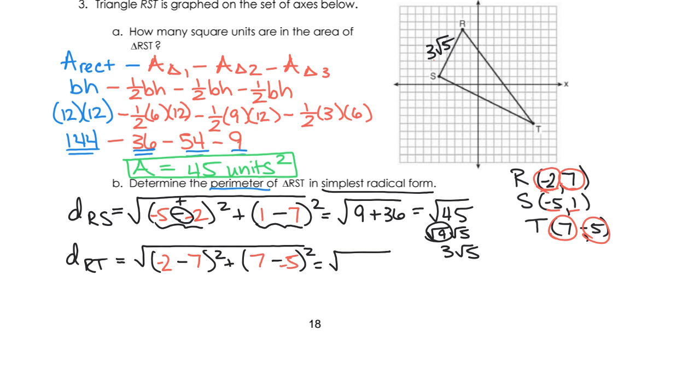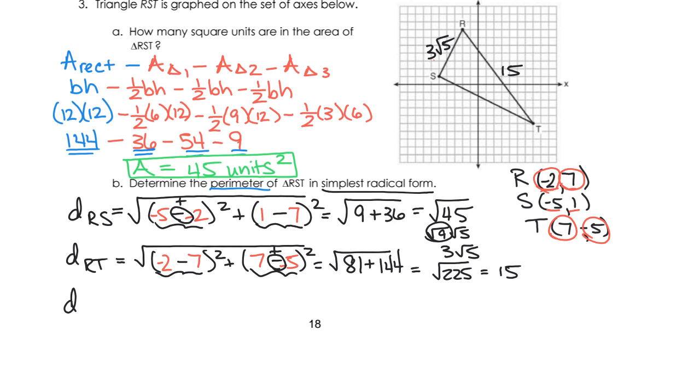And we'll clean this up. -2 minus 7 is -9. -9 squared is 81. And this is really 7 plus 5, which is 12. And 12 squared is 144. And when I add them together, I get the square root of 81 plus 144, which is 225. And what's nice about 225, I don't know if you guys know, but it's perfect. It equals 15. And so the length here of RT is 15. That one ended up being nice.